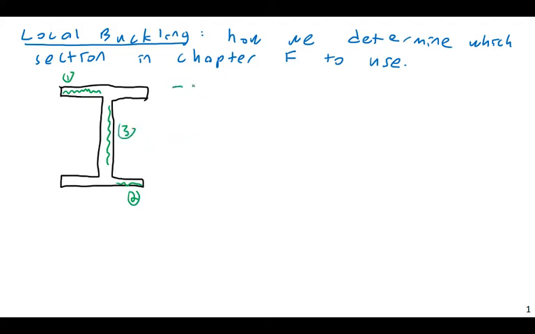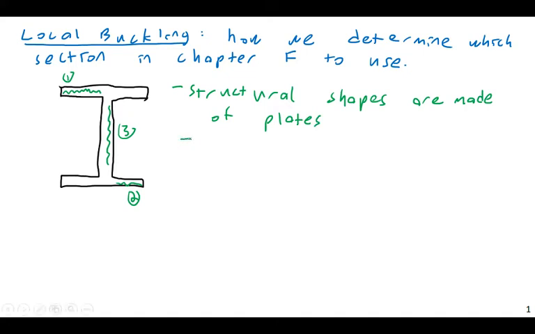So fundamentally, structural shapes are made of plates. Even though they're not usually welded together plates, even though they're rolled, they can be thought of as made of plates. And these individual plates can buckle before the overall shape will fail.